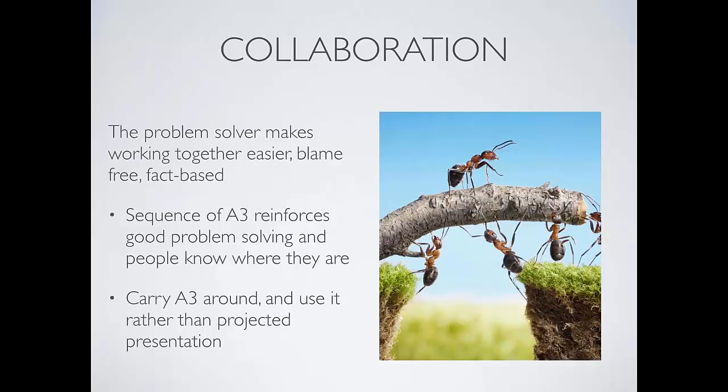If you've coached to get clarity, there's very little or no blame, and it's very fact-based, and you'll commonly see functions more accepting of what the problem solving has discovered. That sequence of the A3, that standardising of your problem-solving method, also helps people throughout the business understand where you are in the process of problem-solving, so it allows them to buy in and get involved much more simply.